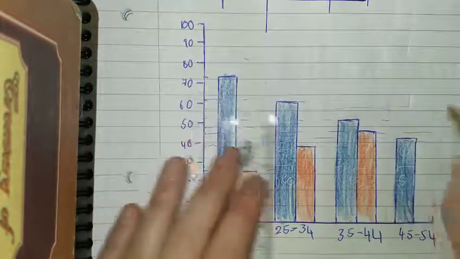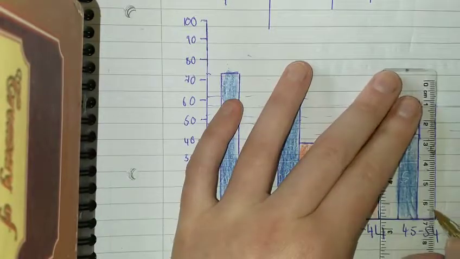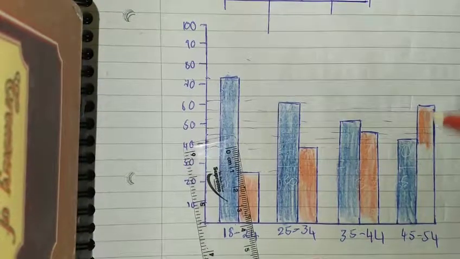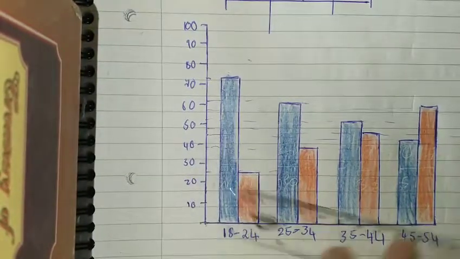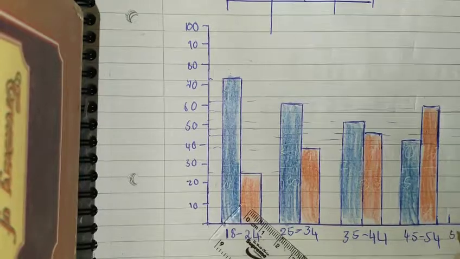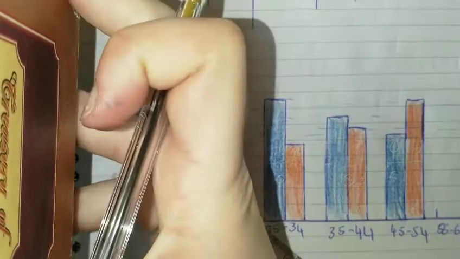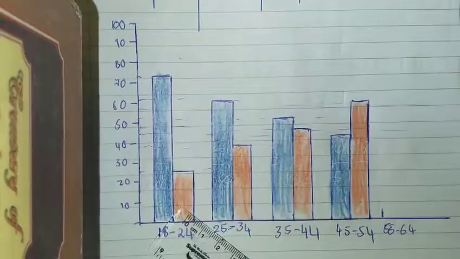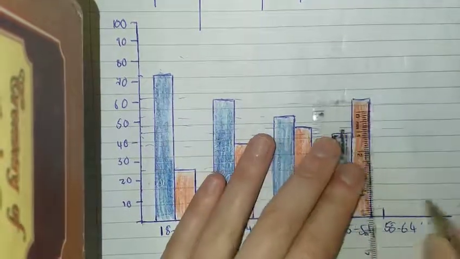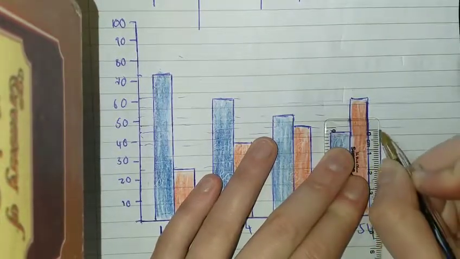So I'm just doing lines across so I can see. That's 54. And then the next age group will be 55 to 64. So the percentage that voted to stay is 43%.